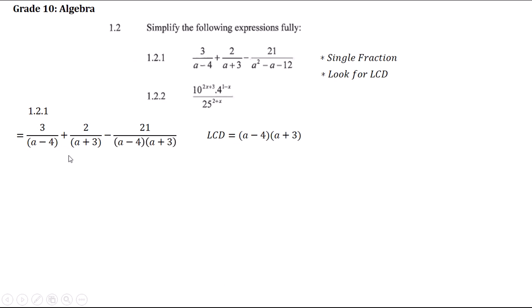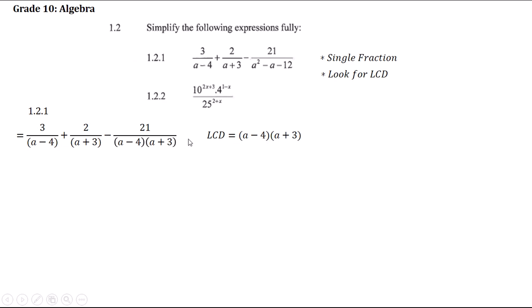The question that you need to ask yourself: what can I multiply this with in order for this to look like the LCD? I need to multiply this by a plus 3. Whatever you do at the bottom, you do at the top. For the next one, I need to multiply the denominator by a minus 4. Whatever you do at the bottom, you do at the top.